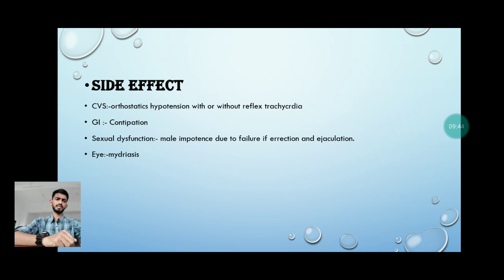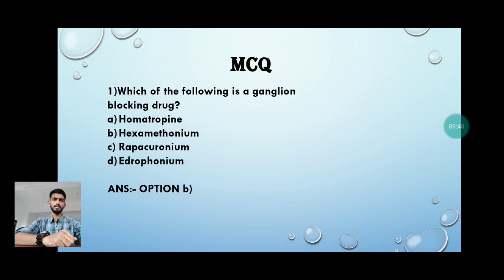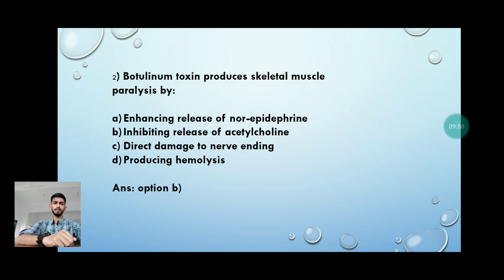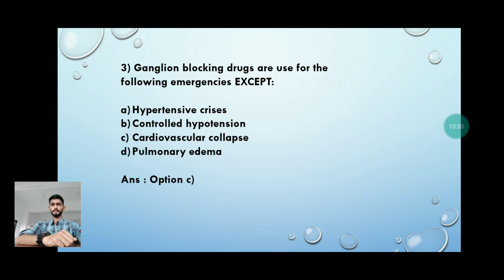So let's take a review of what we learned today. First MCQ: which one of the following is a ganglion blocking drug? Hexamethonium. Second, botulinum toxin produces skeletal muscle paralysis by inhibiting release of acetylcholine.